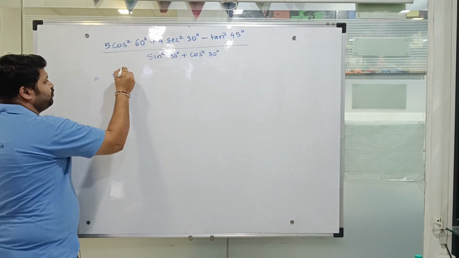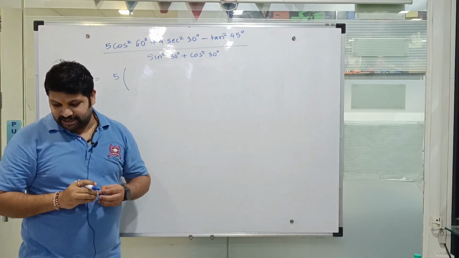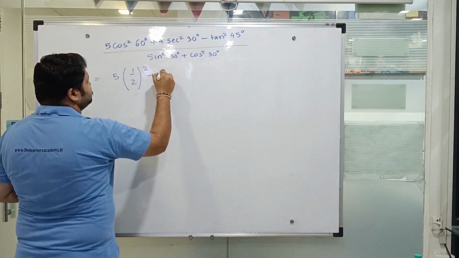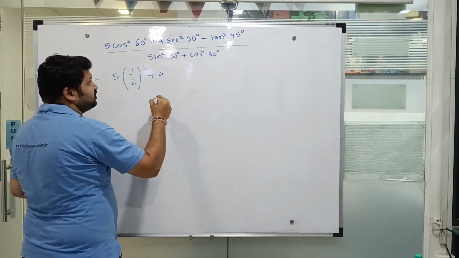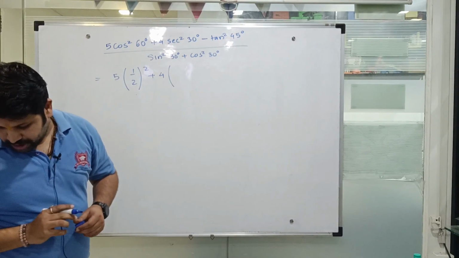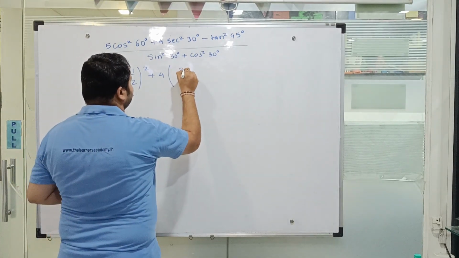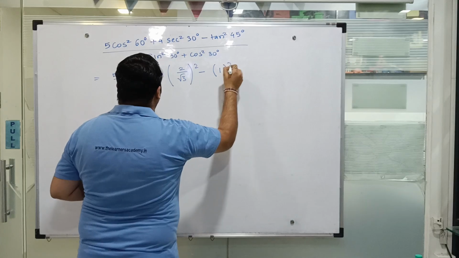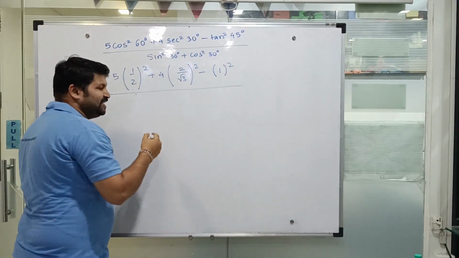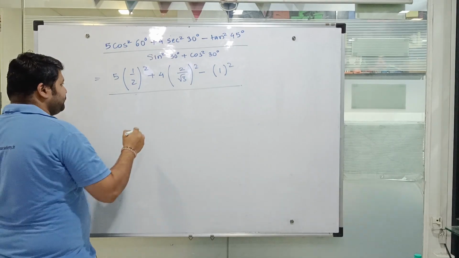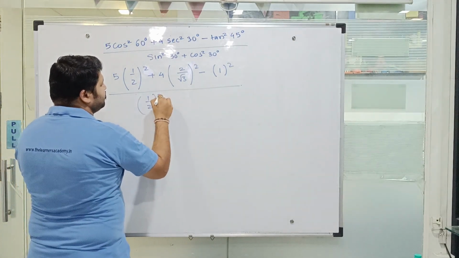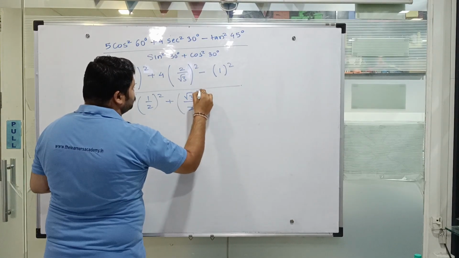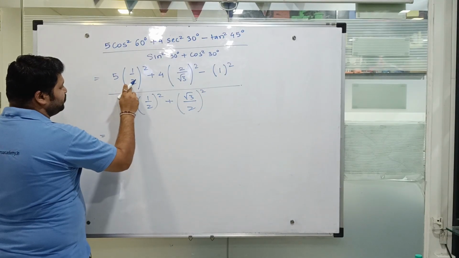So let's go ahead and write their values. I'll have 5 multiplied by cos 60°, which is (1/2)², plus 4 sec² 30°, that would be (2/√3)², minus tan 45°, that is 1², divided by sin 30°, that is (1/2)², plus cos 30°, that is (√3/2)².